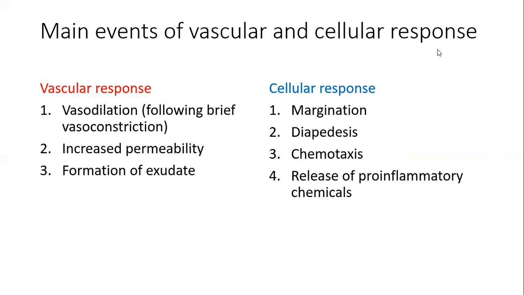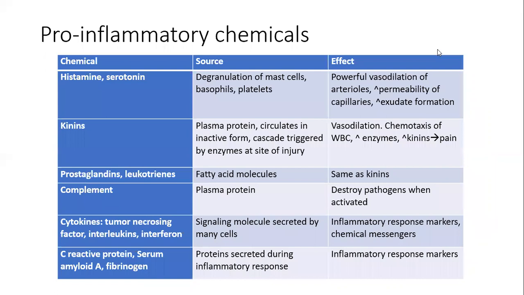Vascular response is responsible for initial vasoconstriction, then vasodilation, increased permeability, and formation of exudate. The cellular response is responsible for margination, diapedesis, chemotaxis, and the release of pro-inflammatory chemicals.